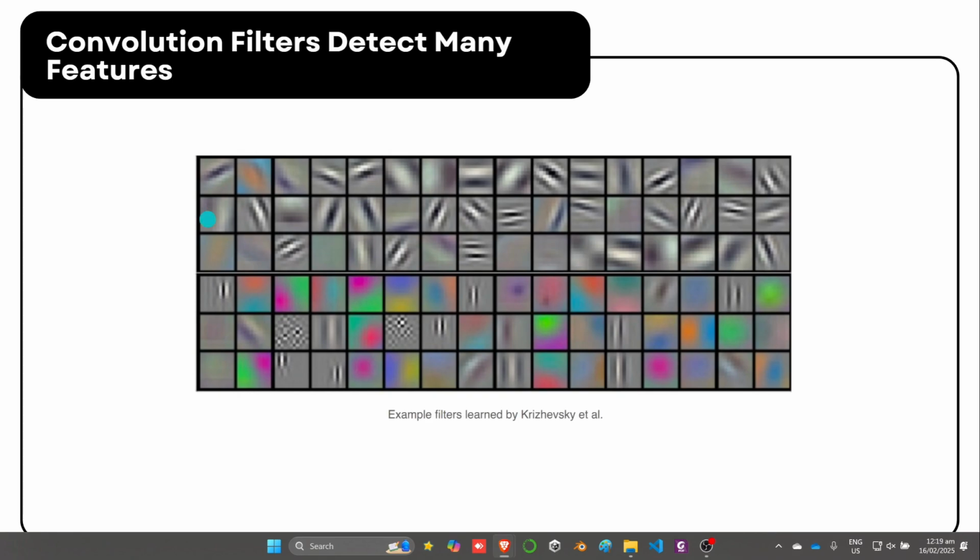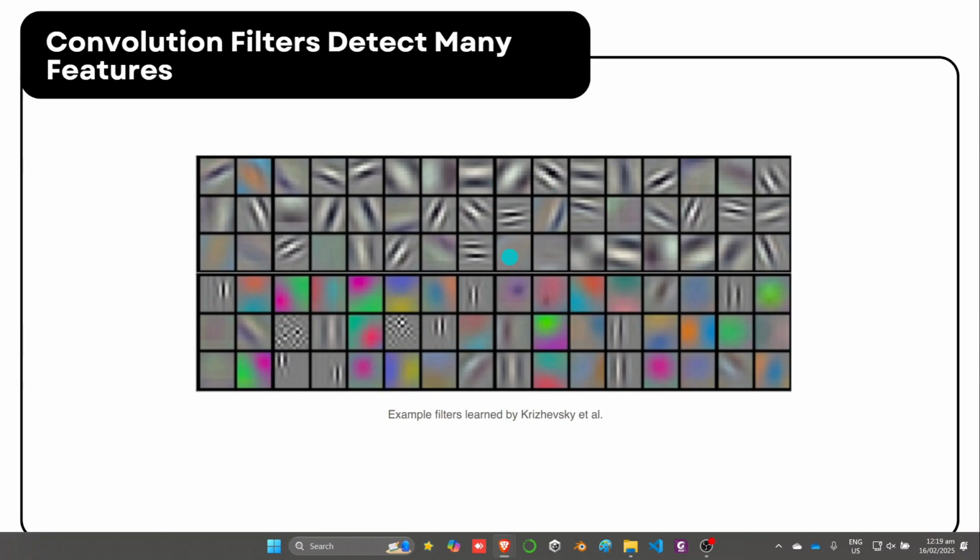So these are some examples of kernels that we extracted from a trained CNN. You can see this one is looking for a sort of edge pattern here. This one is looking for a stripe. This one is looking for horizontal stripes.